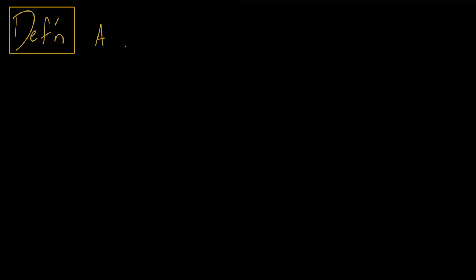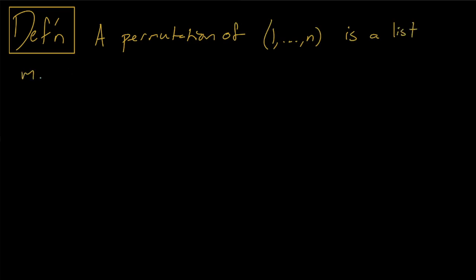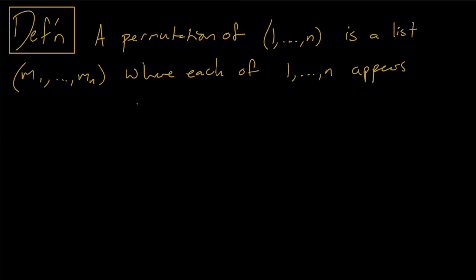I'll start by saying a permutation of 1 through n is a list m1 through mn where each of 1 through n appears exactly once as some mi, if you get what I mean. That is, it's just some reordering of the numbers 1 through n.